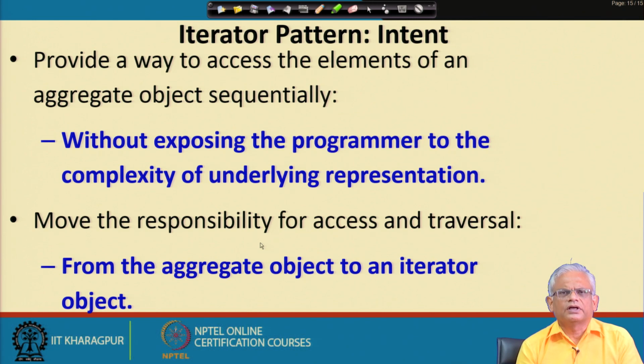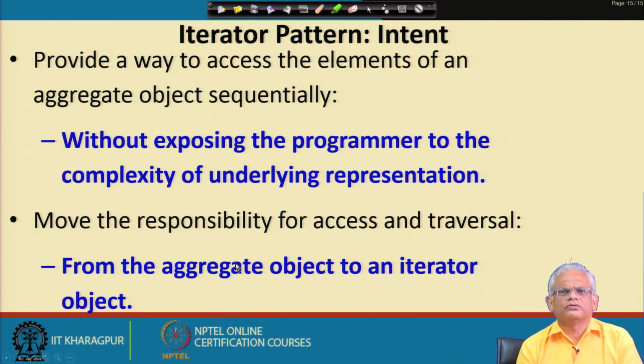Instead of having the aggregate object define the way it will be traversed, the responsibility of traversing is moved to another class, which is the iterator class. Otherwise, different types of iterators would have to be supported in the same aggregate class.